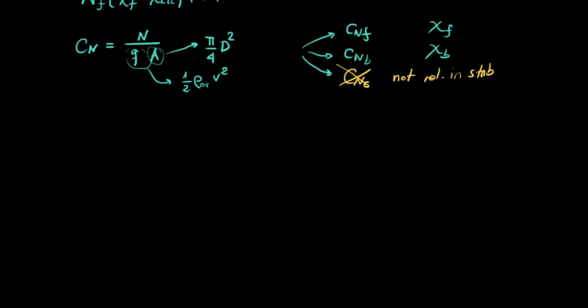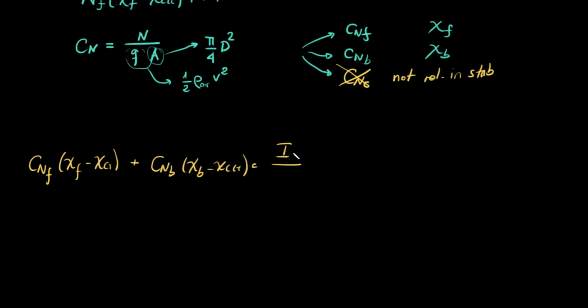So the equation we have right now, if we drop the term of the conical transitions, is the following. We have the normal force coefficient of the fins, then we have the term of the body, times the position of the aerodynamic center minus CG, and on the other side we have the longitudinal moment of inertia divided by this.